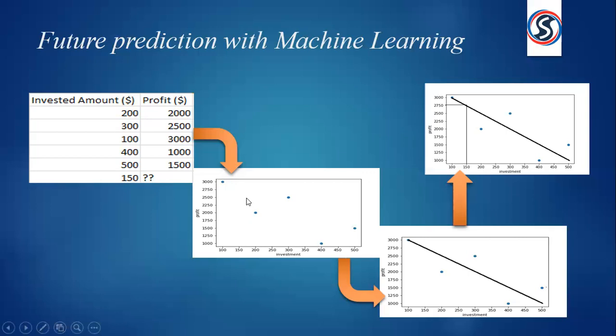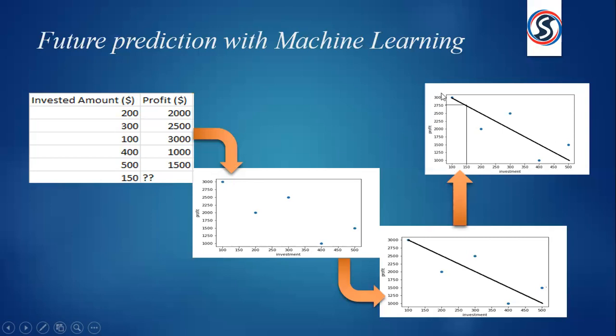Now here, suppose I have made a graph according to this. For 200, my profit is 2000. For 300, it is 2500. For 100, my profit is 3000. For 400, my profit is 1000. For 500, my profit is 1500.